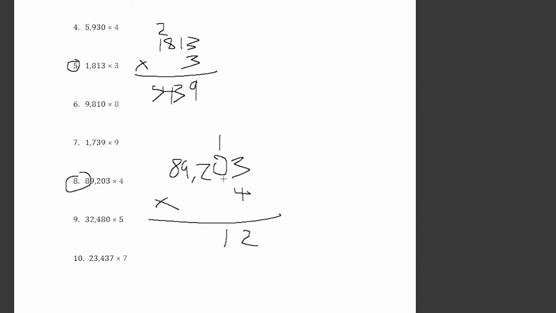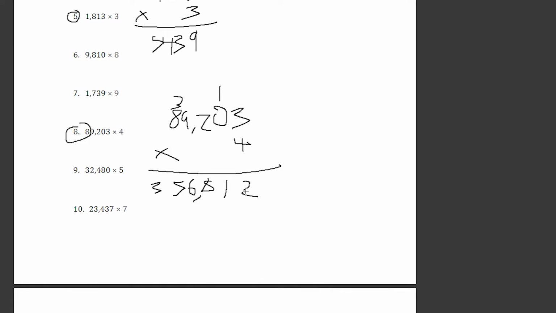Now we have 4 times 2, which is 8. Next we have 4 times 9, which is 36. So we place the 6 here, carry over the 3. Now we have 4 times 8, which is 32. And 32 plus 3 is 35. So for number 8, our answer is 356,812.